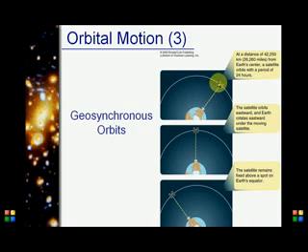So when you observe it from the Earth, you will watch it like it's standing still, like it's not moving, because it's moving with the Earth's rotation. And these kinds of satellites are used to emit radio waves, electromagnetic waves that are used in cables and so on for TV.